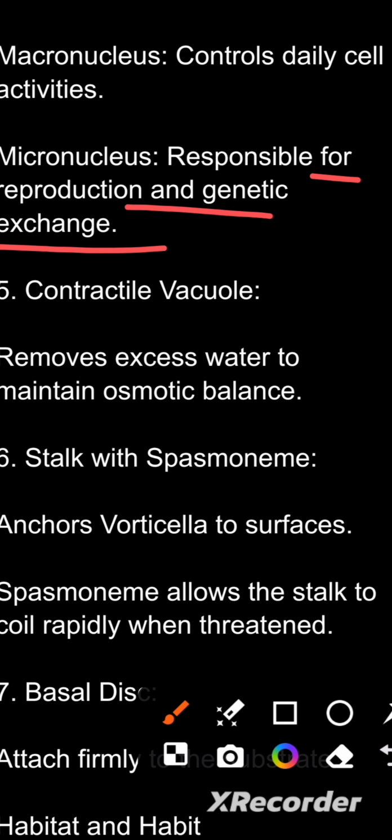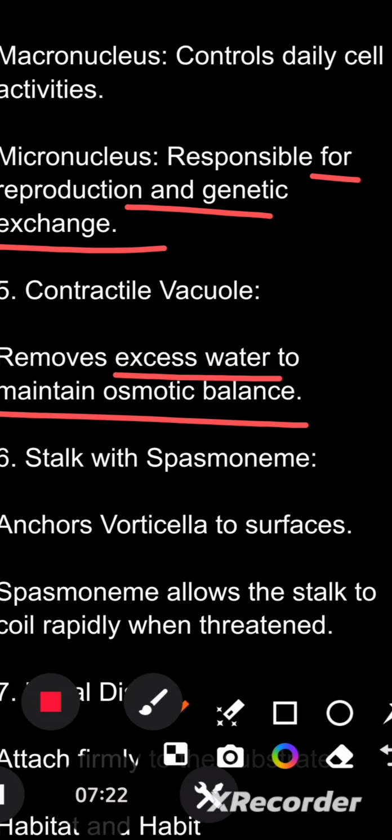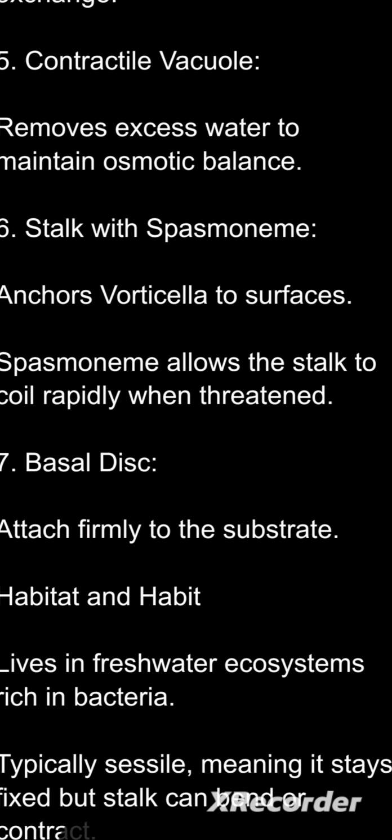And another part is the contractile vacuole, which removes excess water to maintain osmotic balance. Now contractile vacuole.